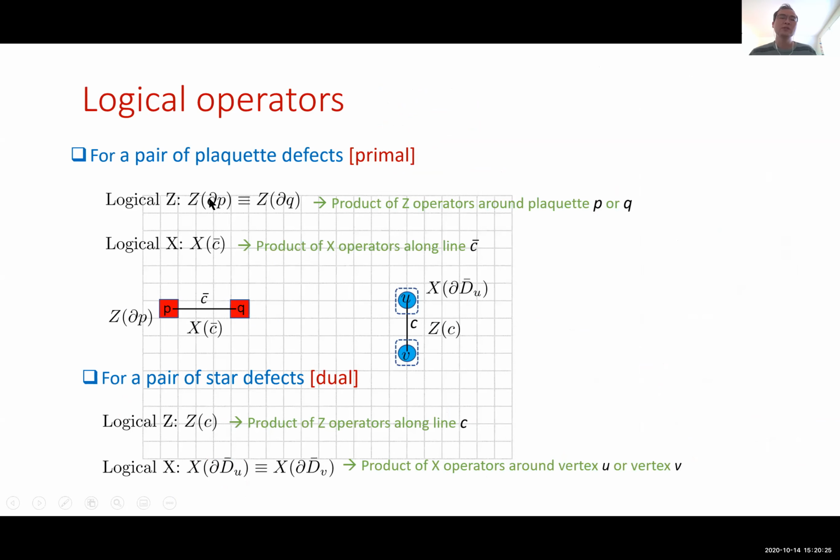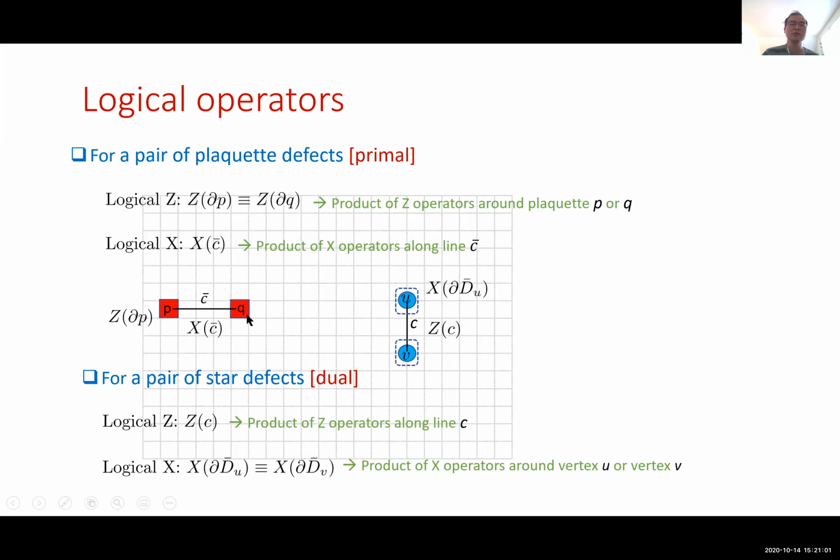Okay, let me just reiterate because this is very important. For a pair of plaquette defects, sometimes called primal defects because we remove a plaquette from the lattice, I choose the logical Z operator as the product of these 4 Z's on this plaquette, because it's no longer constrained, meaning it's no longer in the stabilizer set, but of course it commutes with the stabilizer.